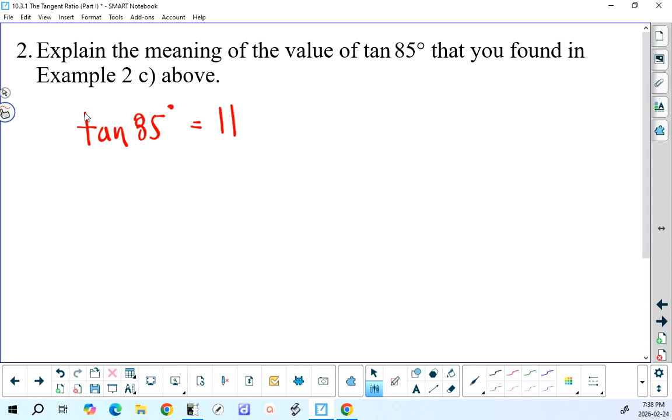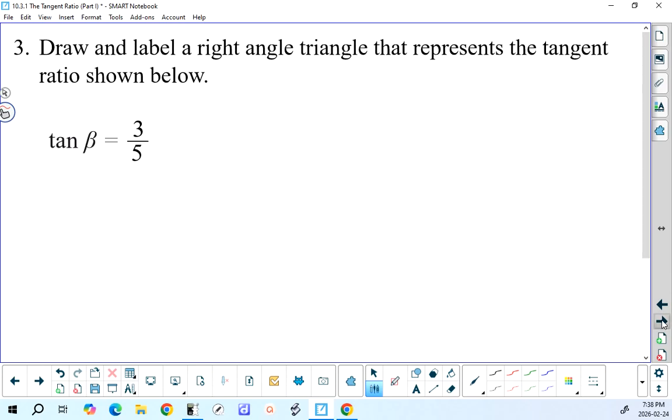If you go back, it was 11.4 something, but I'm going to call it 11. It means that 11 is equal to the length of the opposite side to the 85 over the adjacent. And what's important is it doesn't matter how big the triangle is. The ratio of those two sides will always be equal to that number if it's 85 degrees. And that's what we can use to solve problems.